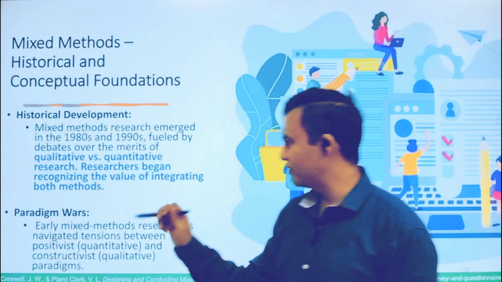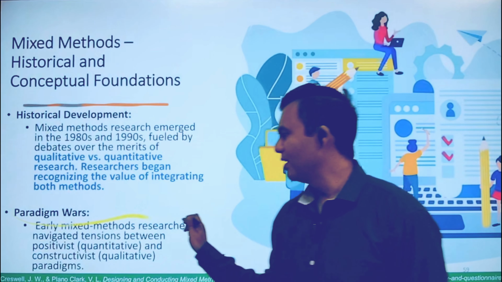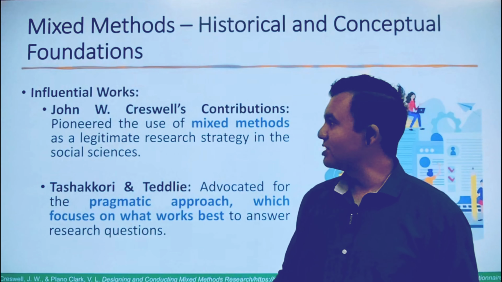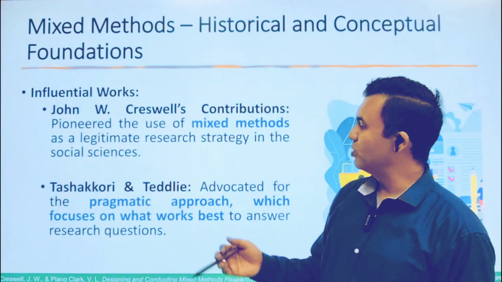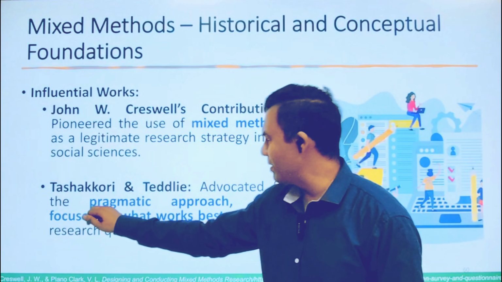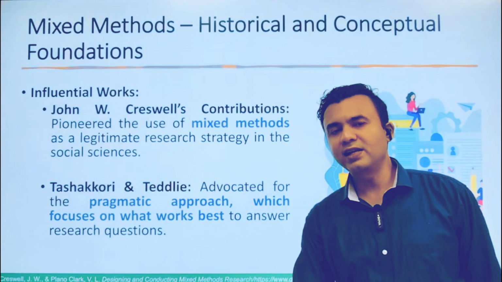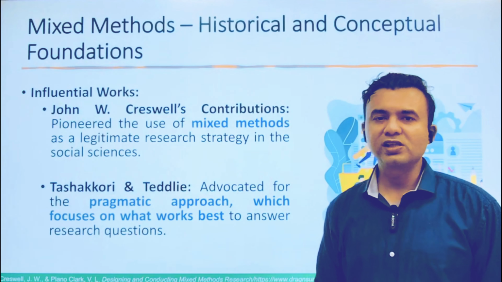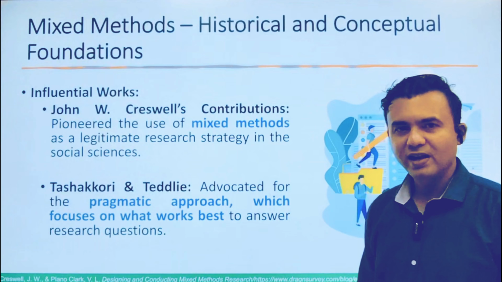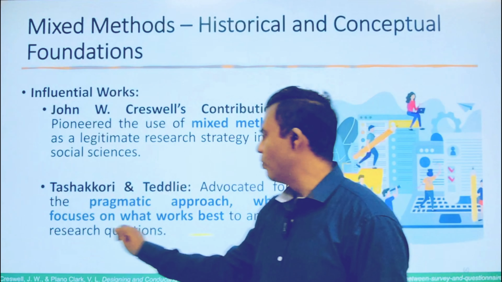And then the third kind of guys came and said, okay, let's not fight. Let's apply what is best. So they say, okay, pragmatic approach. It says that let's take the advantages of both of them and see what is working for what, and then apply both of them and see what is the output, right?